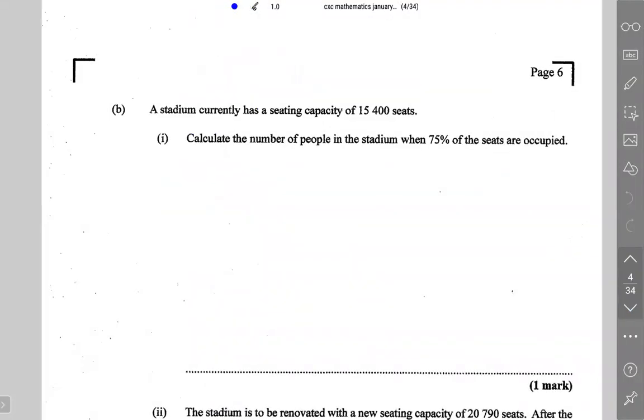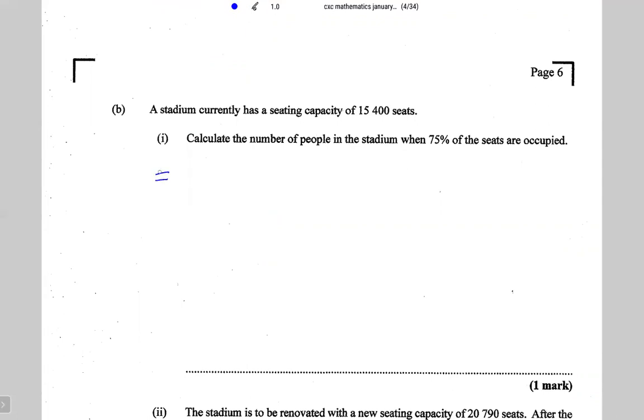This says a stadium currently has a seating capacity of 15,400 seats. Calculate the number of people in the stadium when 75% of the seats are occupied. Well, the number of people is 75% of the 15,400.